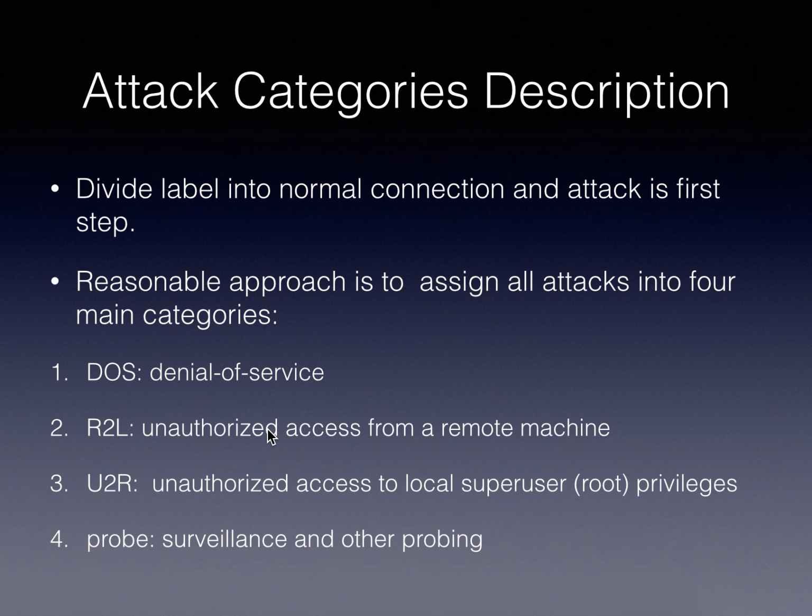As shown in the papers, in practice these categories contain nearly all kinds of network attacks. So here I use these 4 categories. DOS is denial of service. R2L is unauthorized access from a remote machine. U2R is unauthorized access to local superuser privileges, and probe is surveillance and other probing.